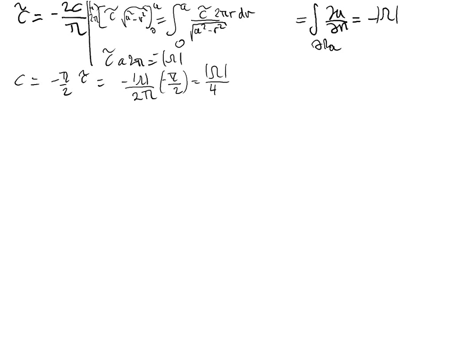We have forgotten the a here. So if we have a diffusion coefficient, we get c equals omega divided by 4aD.